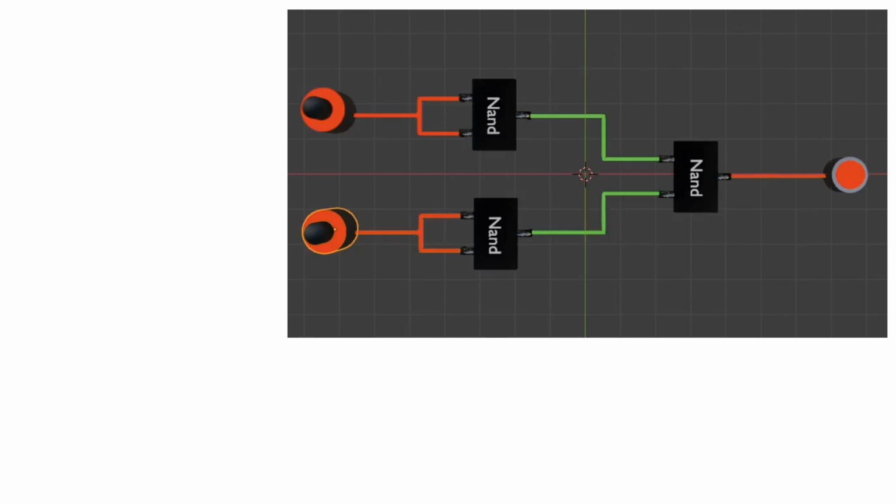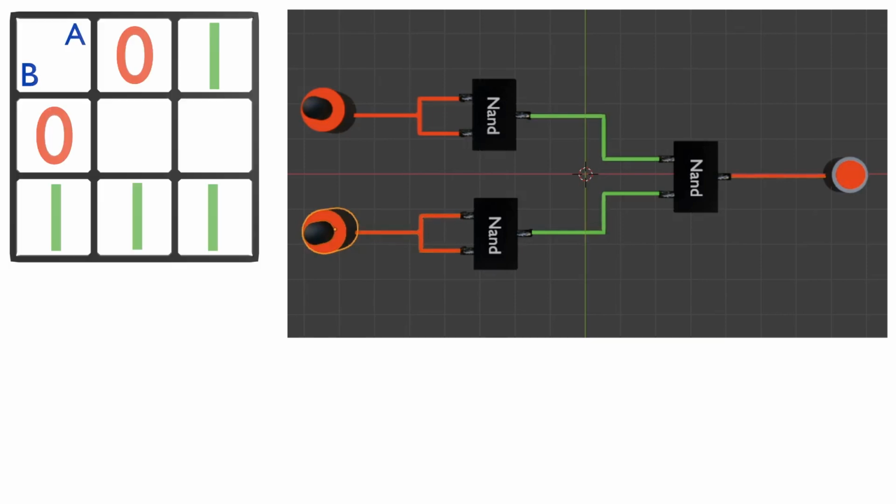Now we turn the input of both inputs around and connect them to another NAND. As you can see, the result is only 0 if both inputs are 0.